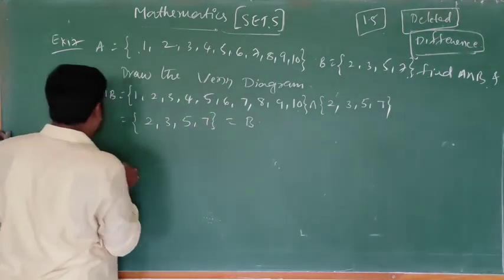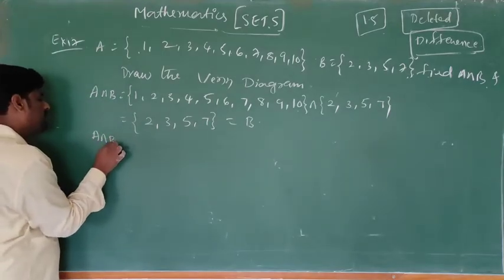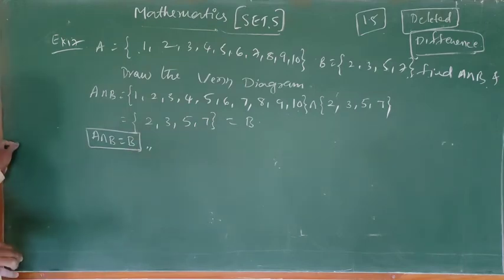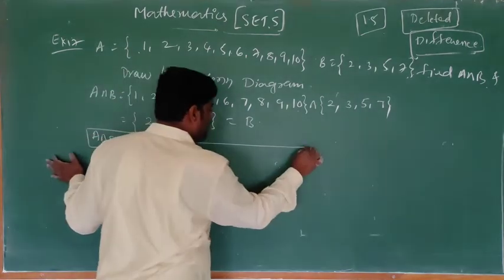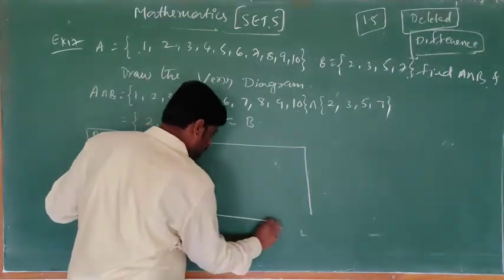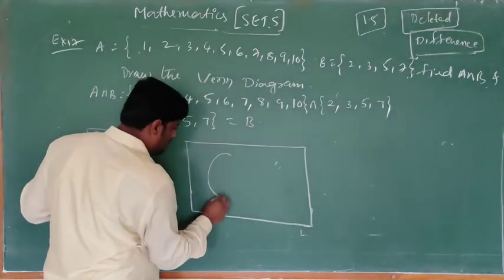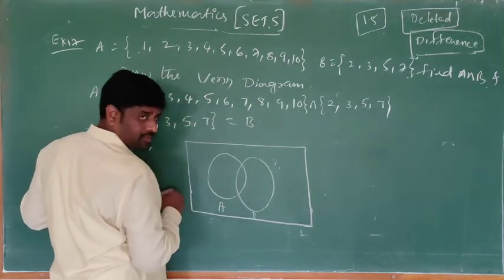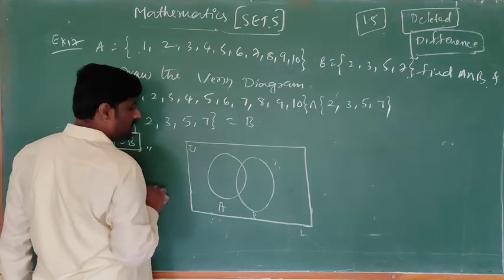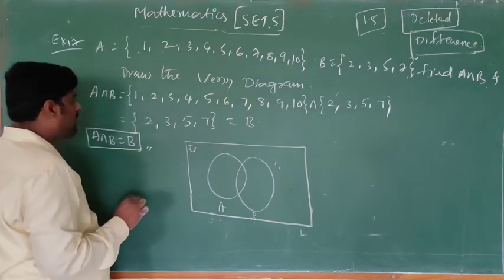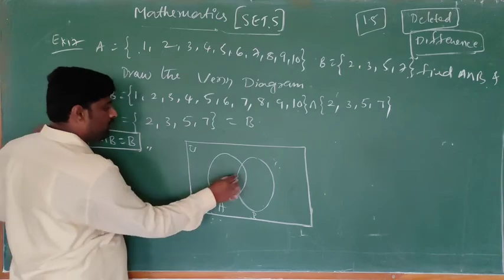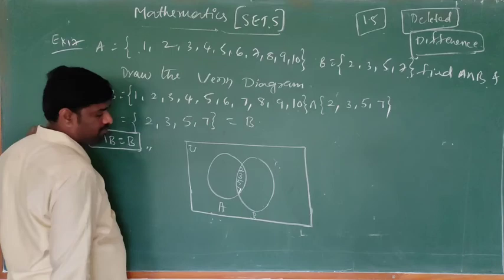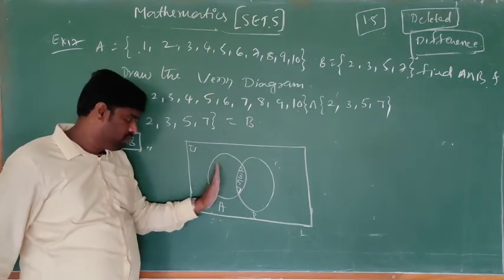This is equal to B. A intersection B is equal to B, and this one you have to draw in the Venn diagram. This is the A set, this is the B set, this is the universal set. The common elements of both A and B are 2, 3, 5, 7. This is the common part of both A and B.